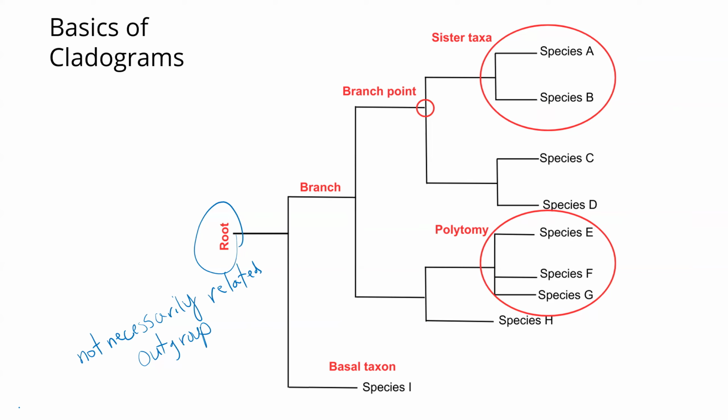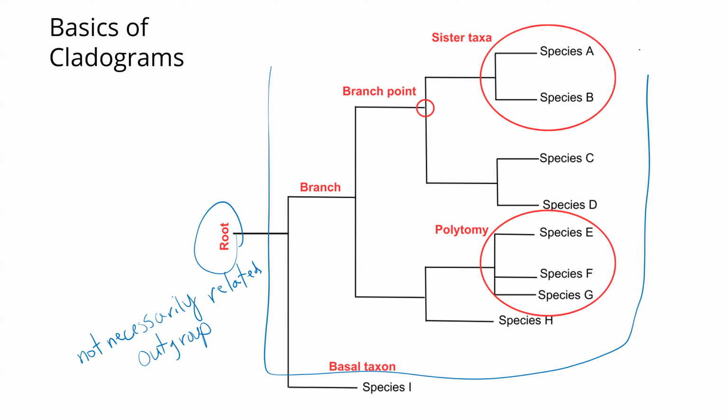So let's say an example here would be if these are all cats, big cats, lions, tigers, leopards, etc. The root might be a wolf. The basal taxon would be the earliest common ancestor.